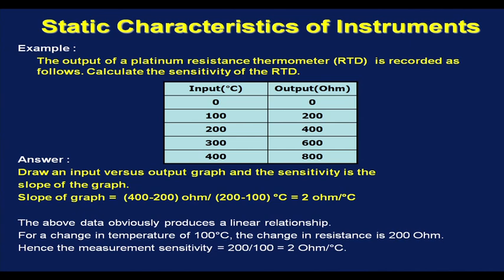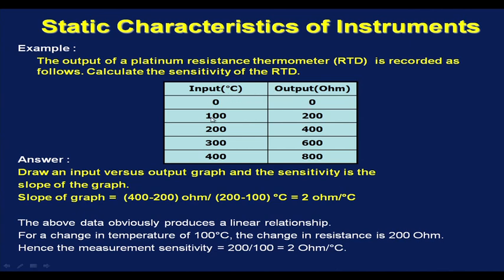Let us take an example. The output of a platinum resistance thermometer, which is called RTD in brief, is recorded as follows. On the left, I have temperature column, and on the right, the corresponding resistance column. At 0 degree Celsius, the resistance of the RTD is 0.